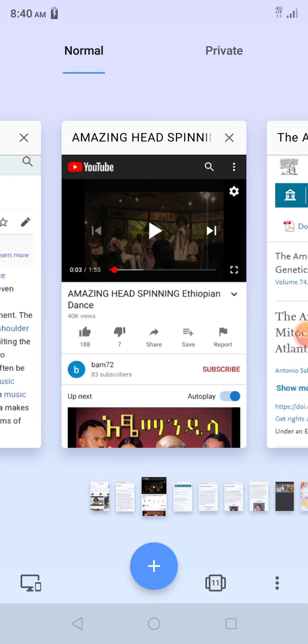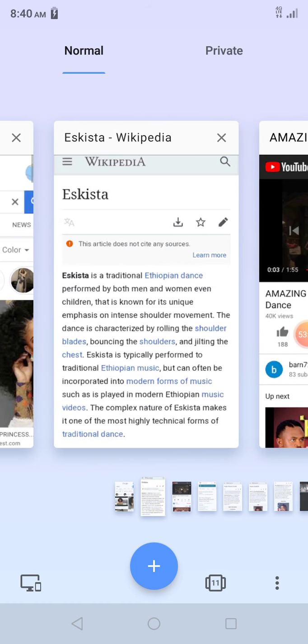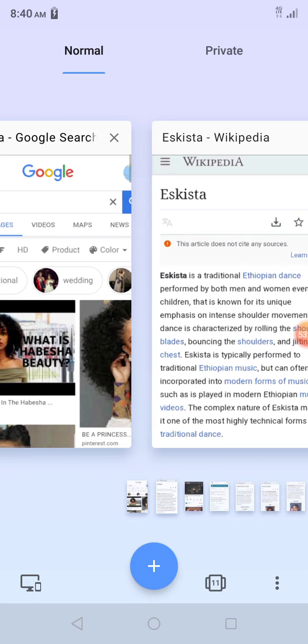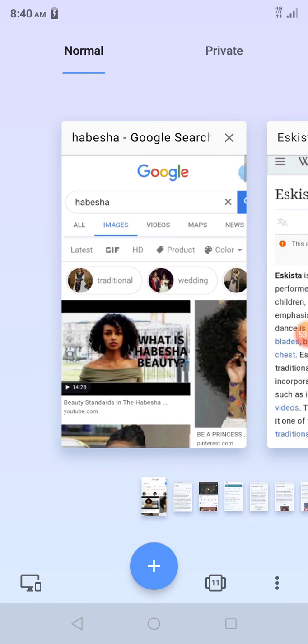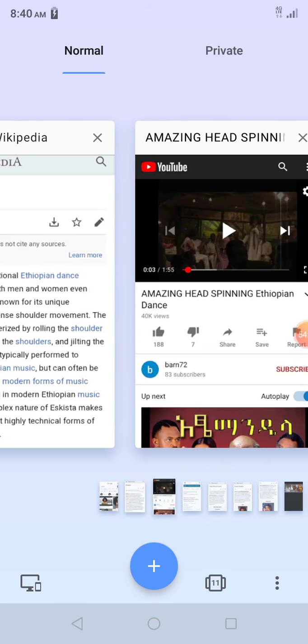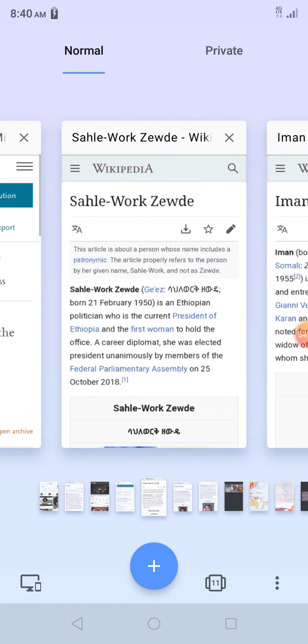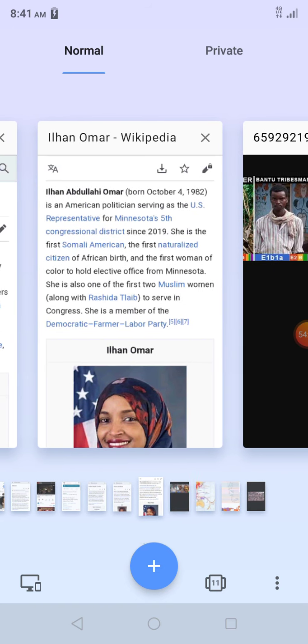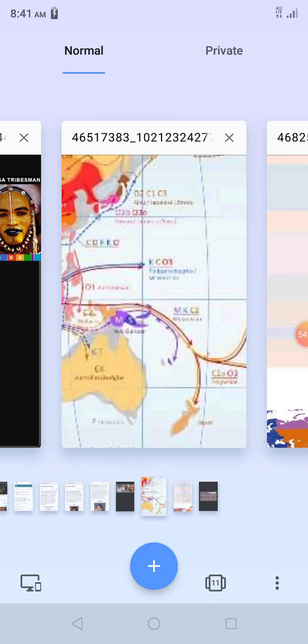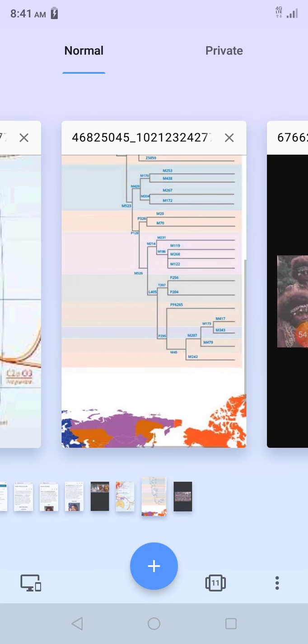This is the crazy Edomite dance that they do. That's the name of the dance. It goes in various stages. And these are Habesha women that I was looking up. The interesting thing was when I was looking up more information about Habesha, I never knew that Tiffany Haddish's father was Eritrean.